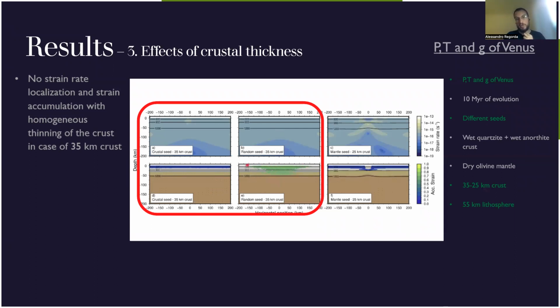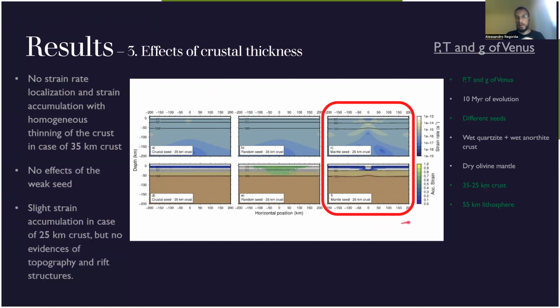This accumulation of strain you see here is the strain imposed at the beginning of the model to simulate the weakening and favor the localization of the strain. So there is no additional accumulation of strain. These models are very similar. There is no impact of the weak seed on the evolution.